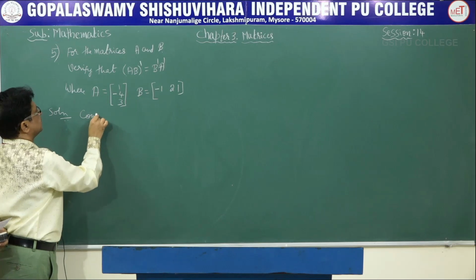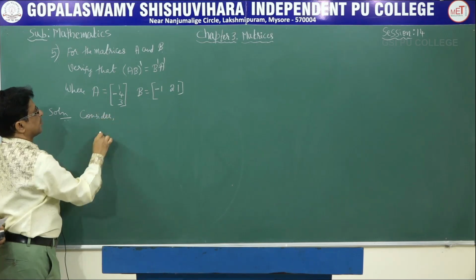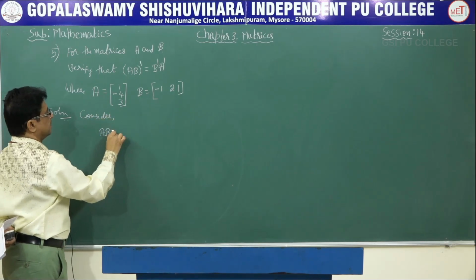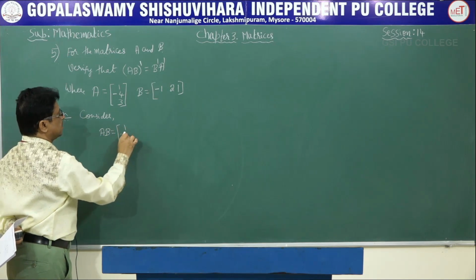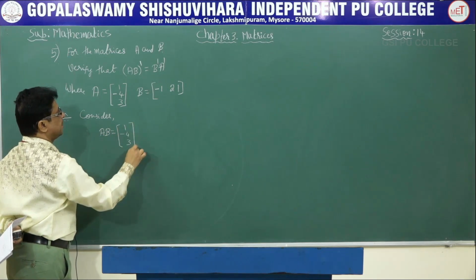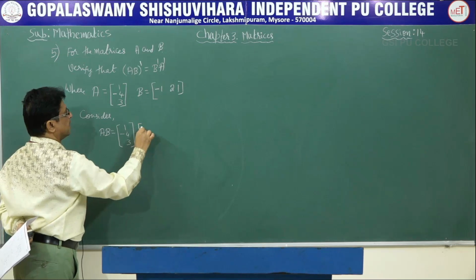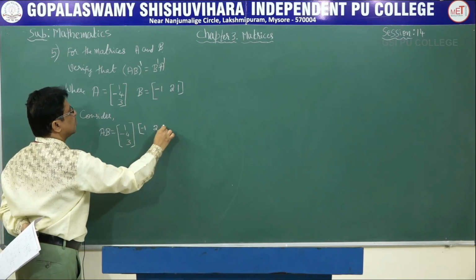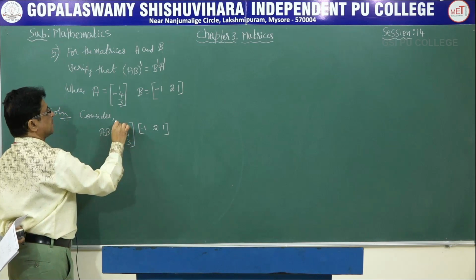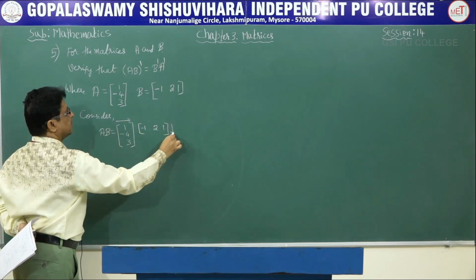So consider A into B. So [1; -4; 3] into [-1 2 1]. So the rule is row into column.